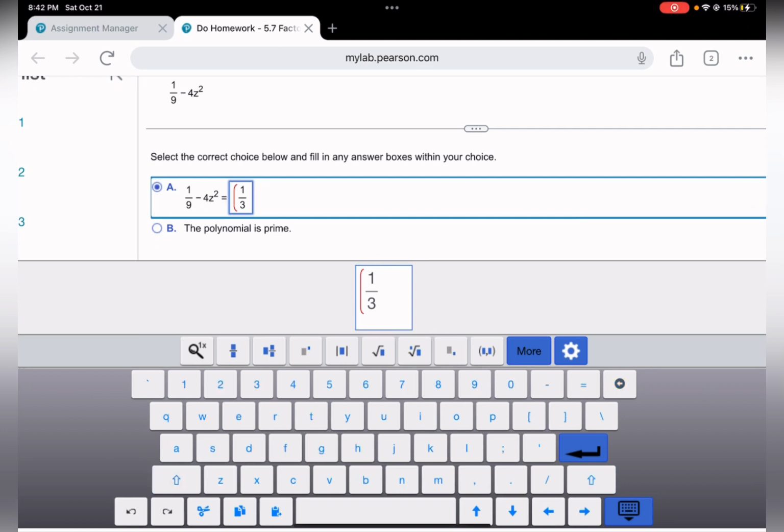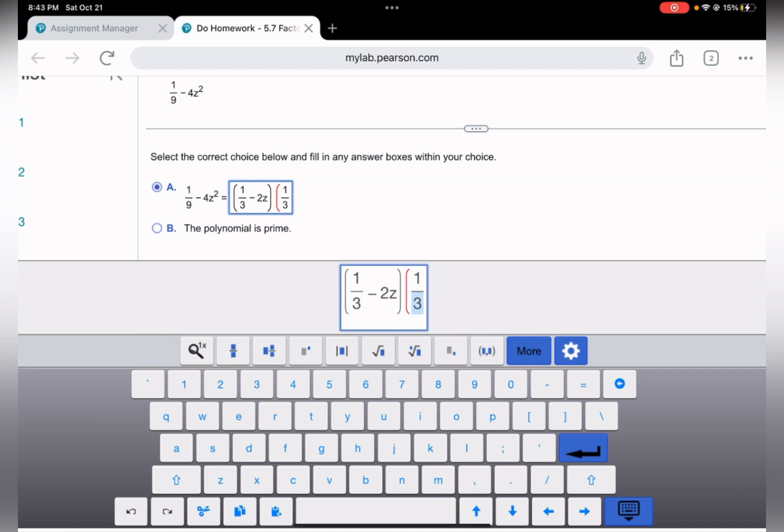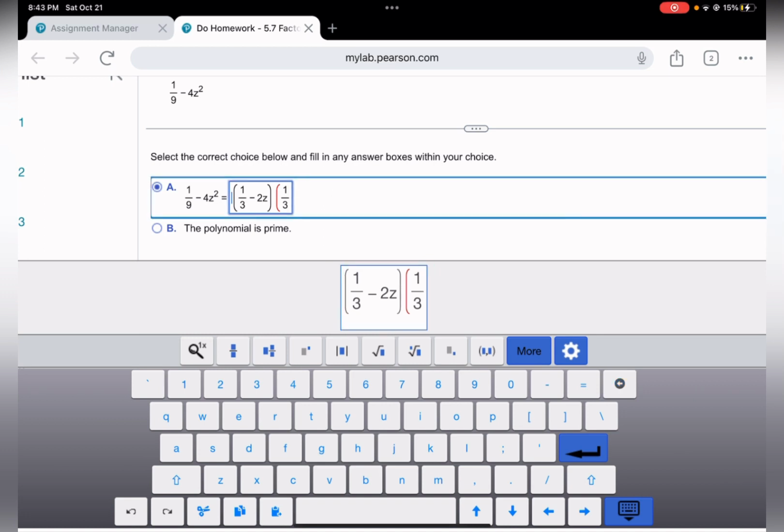Minus 2z. And then opening again, 1/3. Minus, no, this time gonna be plus. I'm so focused on typing correct that 2z. Okay, there we go.